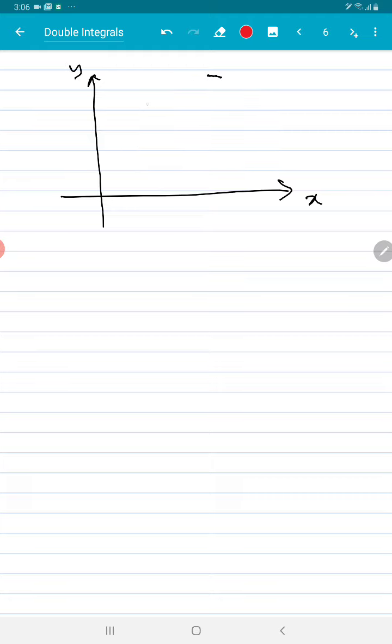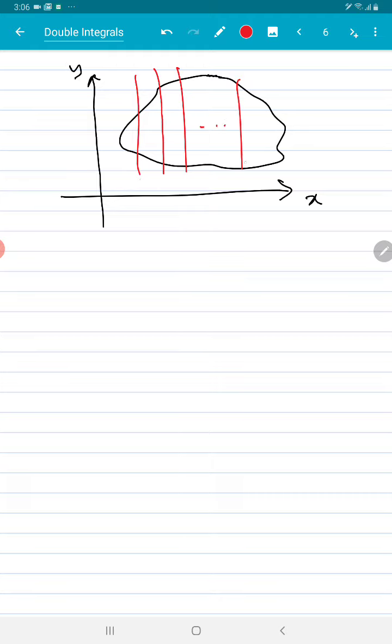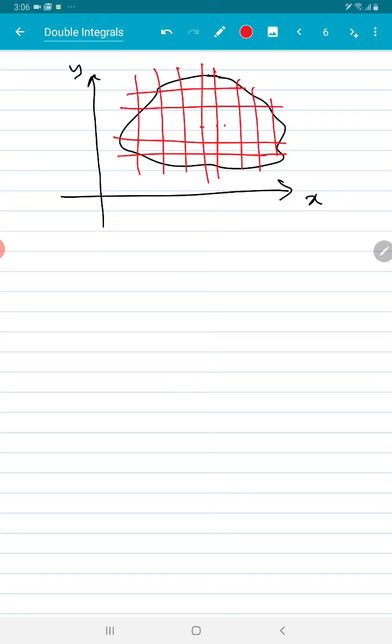So we're going to partition this into a few rectangles, up till a lot there. Let's pick one here. Let's say this is delta xi and that is delta yj.